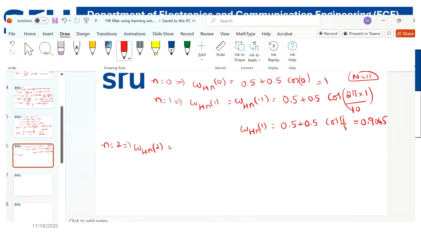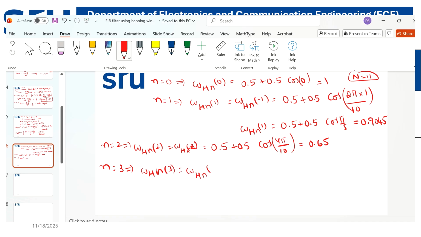Now for n is equal to 2, then the Hanning window coefficient, if I substitute the same, 0.5 plus 0.5 cos 4 pi by 10, 2 pi by 5. The value for cos 2 pi by 5 is 0.65. Next, n is equal to 3. Then the Hanning window coefficient is 0.345.